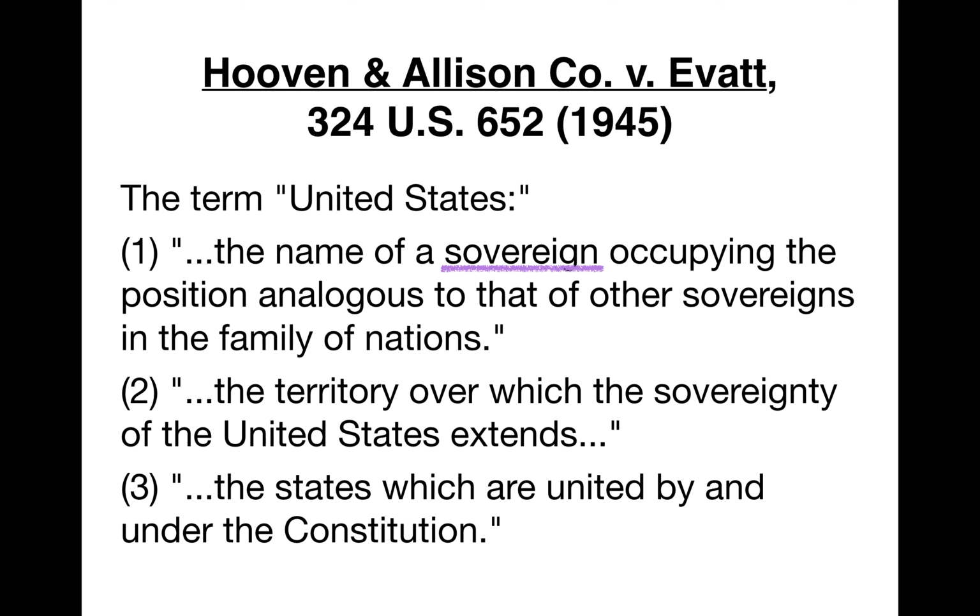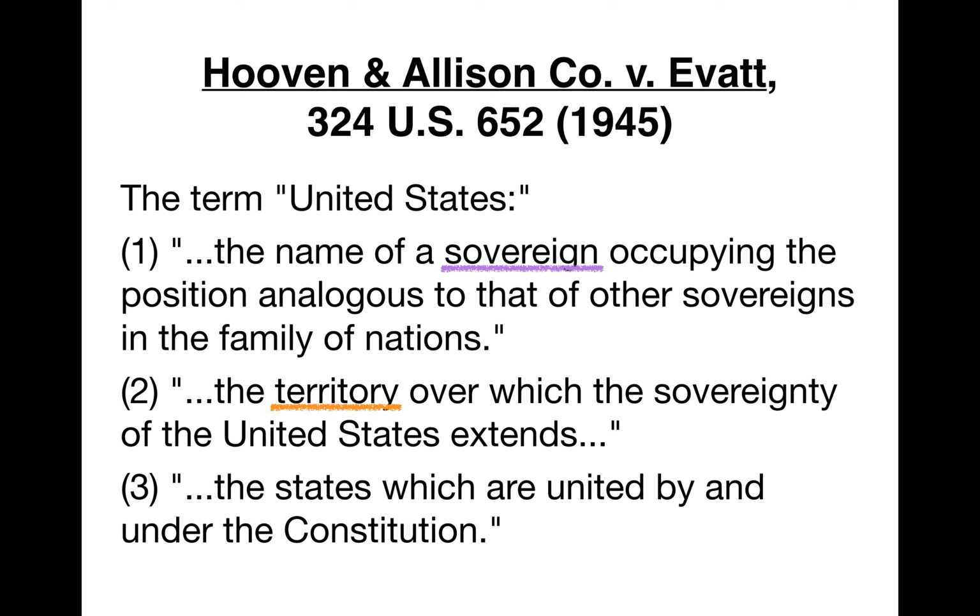The other term for the United States is the territory over which the sovereignty of the United States extends. So what is the territory over which the United States sovereignty extends, where the United States is the sovereign? Well, look in your Constitution. It's at Article 1, Section 8, Clause 17.